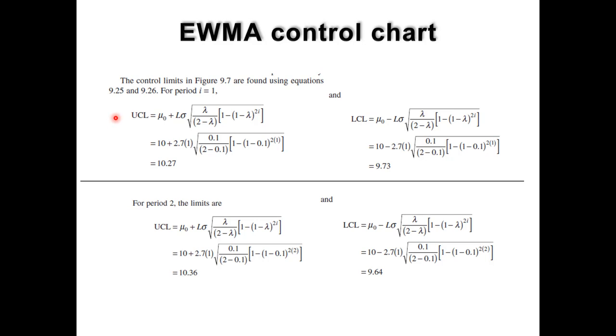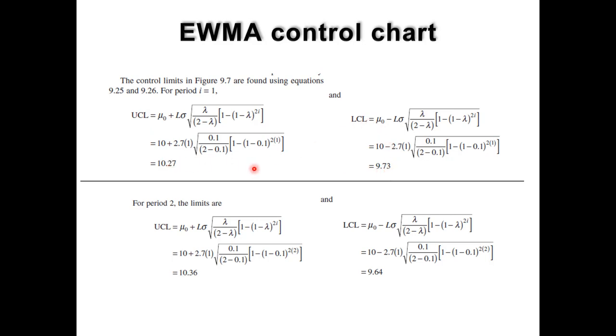Given the formula of the upper and lower control limits that we have looked at earlier on, we can substitute the respective values of mu naught, L equals 2.7, and standard deviation sigma equals 1, and we do the computation for the rest of the standard deviation part. Doing this for both upper and lower control limits, we get 10.27 for the upper control limit and 9.73 for the lower control limit.